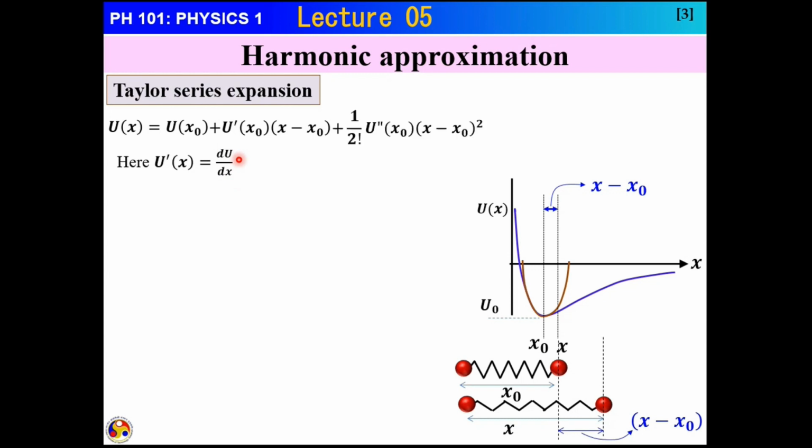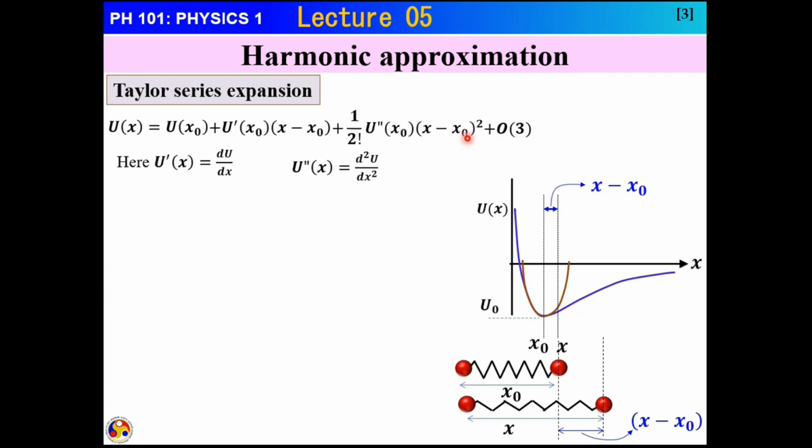What is going to be the higher term? This higher term will be 1 by factorial 2 u double prime x naught, into x minus x naught whole square. What is the meaning of that? U double prime x is the double derivative of the potential with respect to x, and u double prime x naught means the double derivative at this point. And so on.